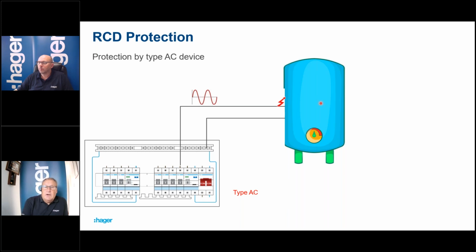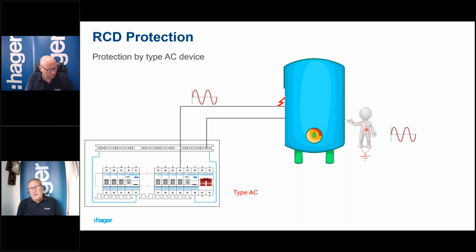And then if there's any kind of faults, generally any kind of fault current going through a person is a pure sinusoidal wave. So the type AC device in the consumer unit here would see that as a residual current going through this person. There's an imbalance now, of course, through the product. So it will do its job and then trip within the required time, of course, and stop this poor chap here from being electrocuted.